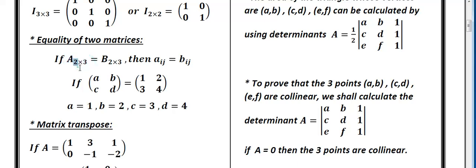Here A is 2 by 3, and here B equals 2 by 3.